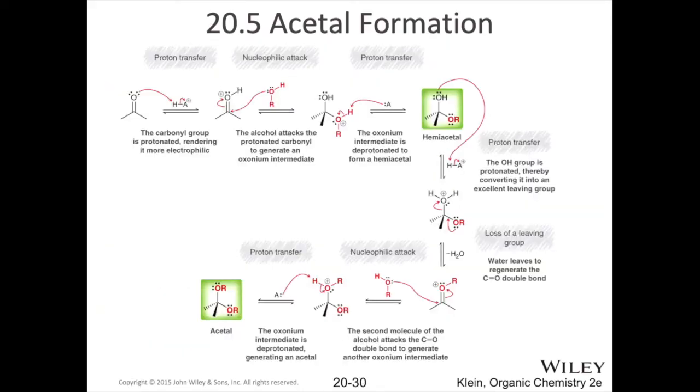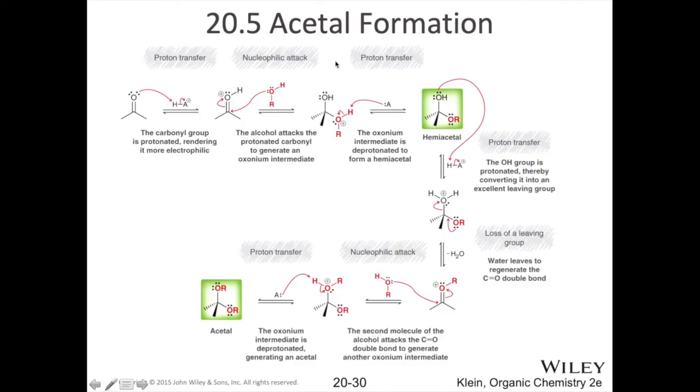All right, so here's the full mechanism of how we make an acetal. You start off, again, please note this is acid catalyzed, as I mentioned earlier. So we start off with that proton transfer, putting a positive formal charge on our oxygen, increasing the potential energy of this intermediate, and therefore making it more reactive. And so it readily reacts with this weak nucleophile, our alcohol.